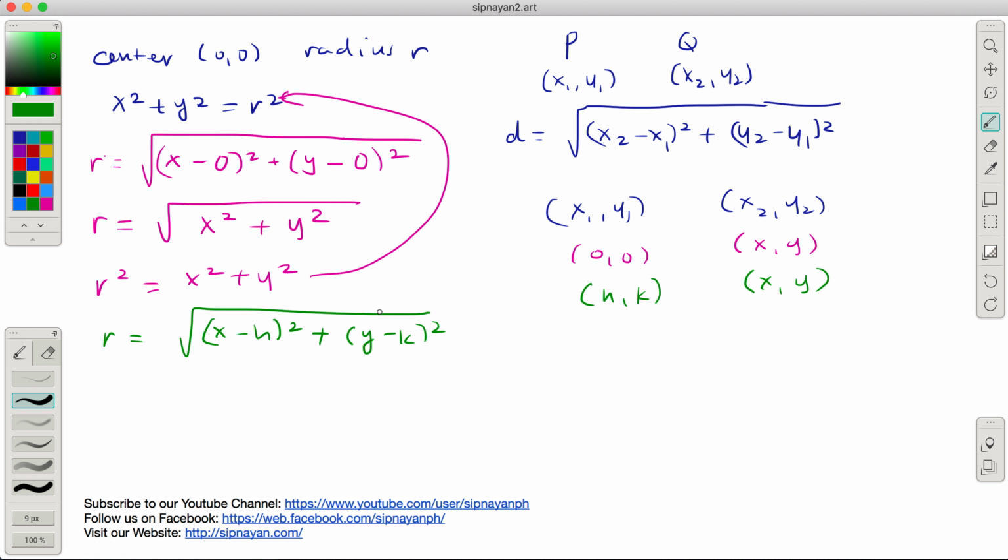Squaring both sides, we have r squared equals (x minus h) squared plus (y minus k) squared. This is the equation of our circle with center (h, k) and radius r.